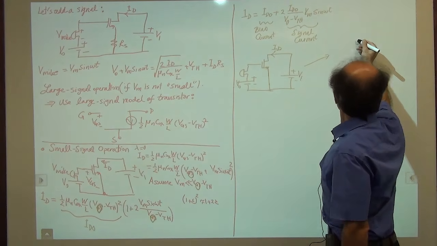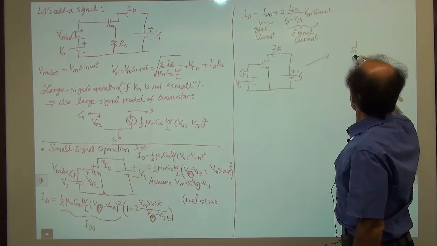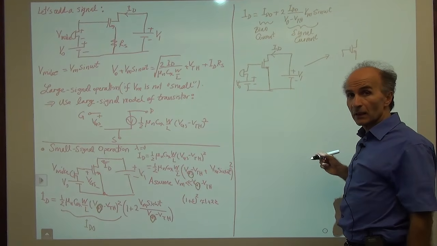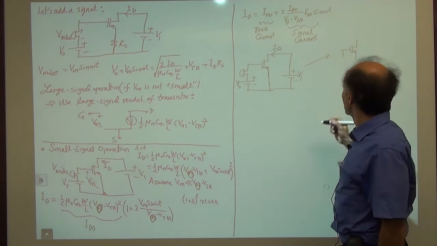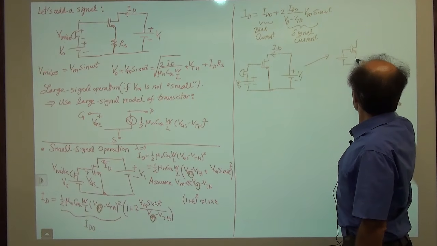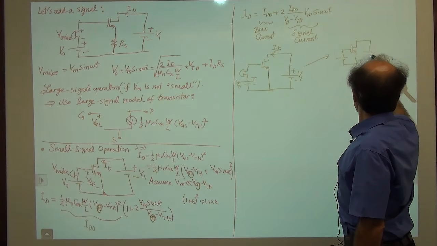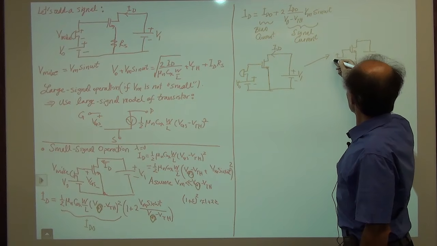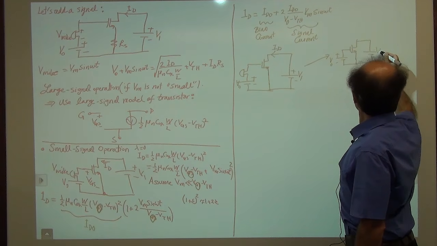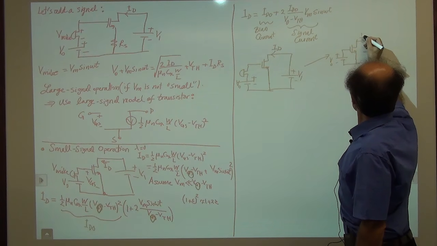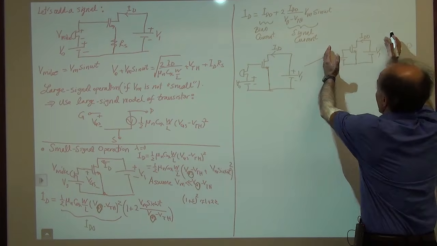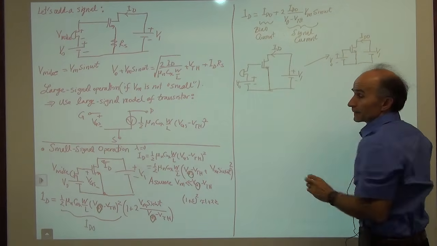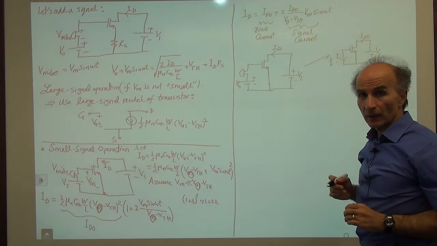Here's one. I have a MOS device with no signal coming in, just the bias quantities. So here's the MOS device with just the bias quantities. So we have V0, V1, a certain current, ID0. This scenario takes care of this current here. All right?